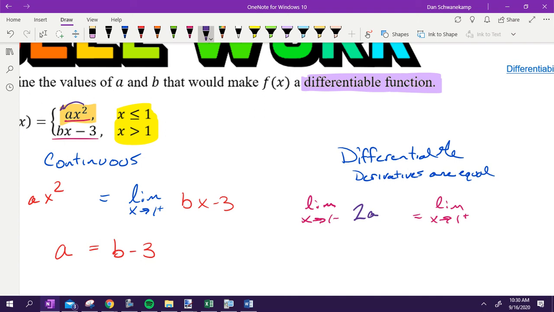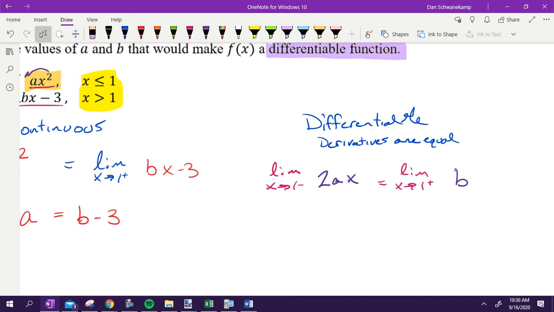The a is a constant, so it's hanging out. And then I subtract 1 from my exponent, so it's just 2ax. That needs to be equal to the derivative of the other guy, bx minus 3. What's the derivative of bx minus 3 going to get me? Just b. If I told you what's the derivative of 3x minus 3, the derivative would just be 3. For bx minus 3, it's a constant. It's just b.